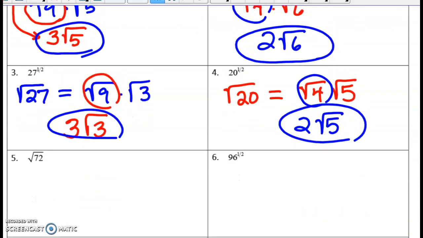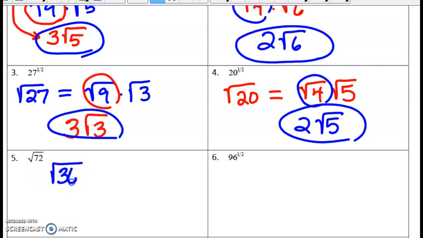The square root of 72. Now this is an interesting one, because if you look at your list and start with numbers less than 72, there are a couple perfect squares that go into 72. You need to pick the highest one. When I look at my list, 64 does not divide in evenly, 49 does not divide in evenly, but 36 does.